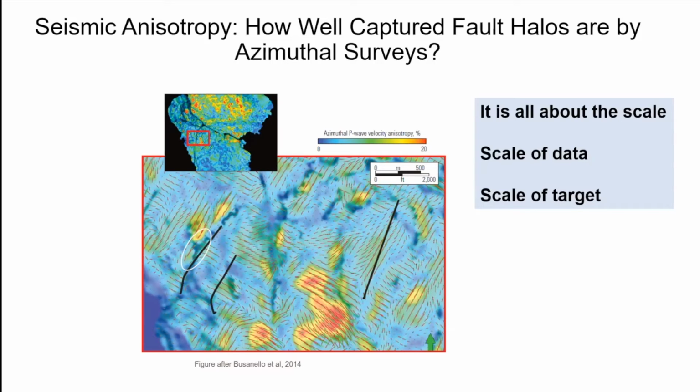Another way we can do it is with an anisotropic seismic survey, where we will be able to find out the velocity anisotropy directions that are more preferred. So that's one indirect way. But again, it all depends on the data, the scale of our data, and the scale of the target.